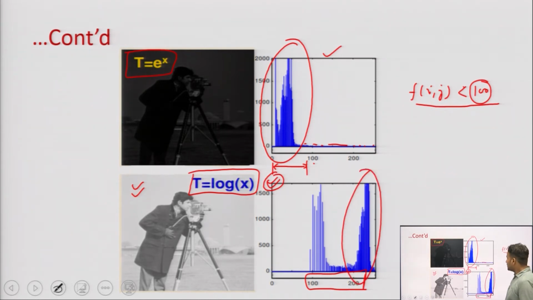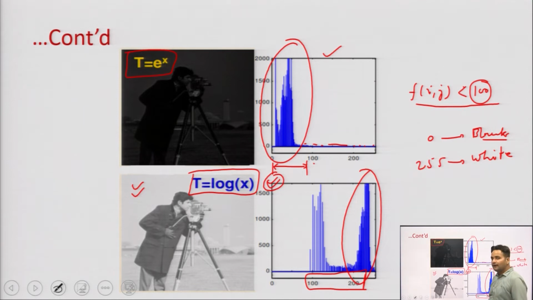Here 255 shows the white portion of the gray level, and 0 belongs to the black level. So, your picture will look like this when using nonlinear functions.